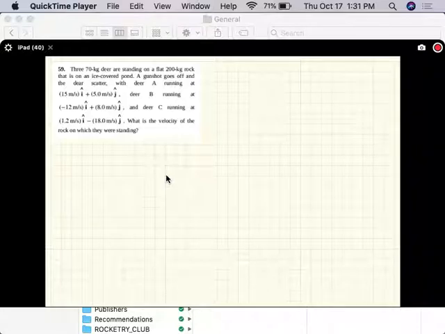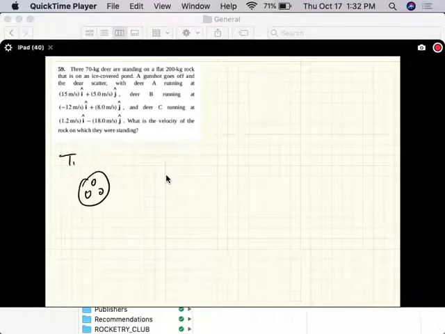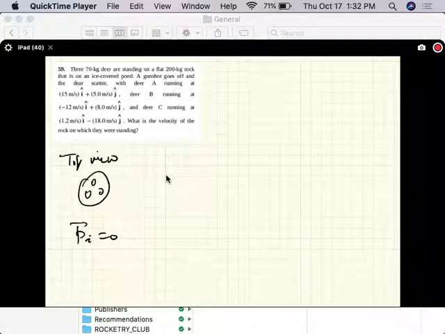Okay, so here's a top view of the objects. And initial momentum is 0. So there's the rock.